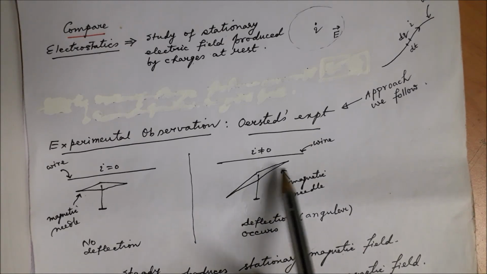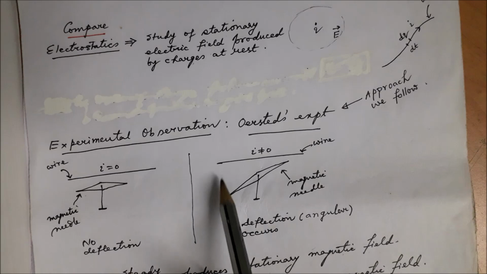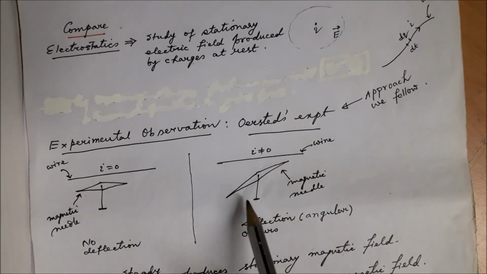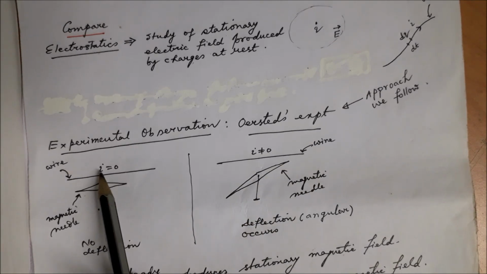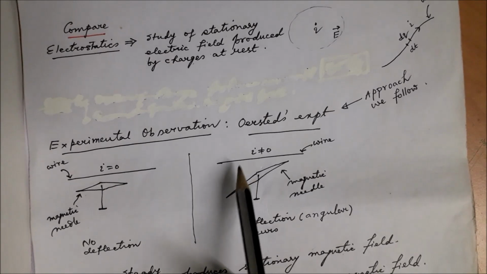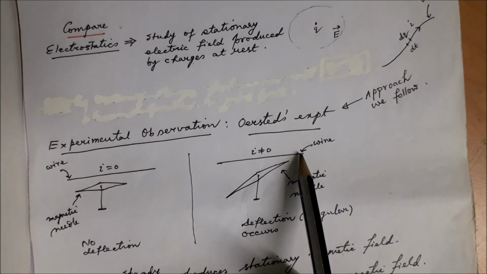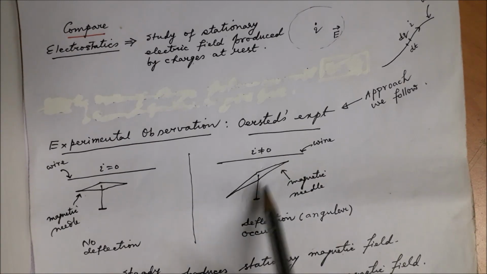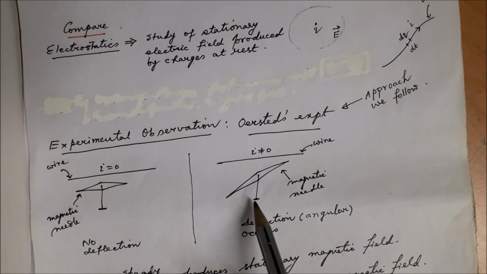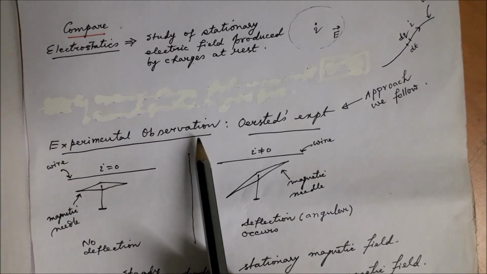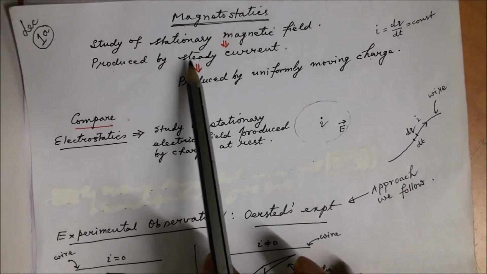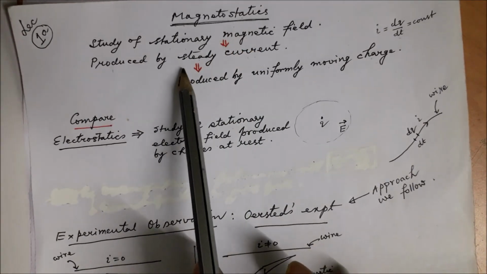Now the magnetic needle responds to a magnetic field which was not there when I was 0, but definitely a magnetic field is created when we send I, and that is why the magnetic needle suffers a deflection. So this is actually an experimental observation of the fact that stationary magnetic field is created by a steady current.